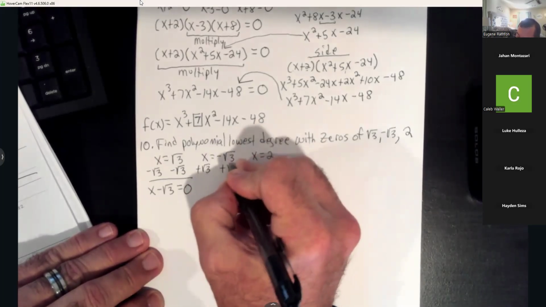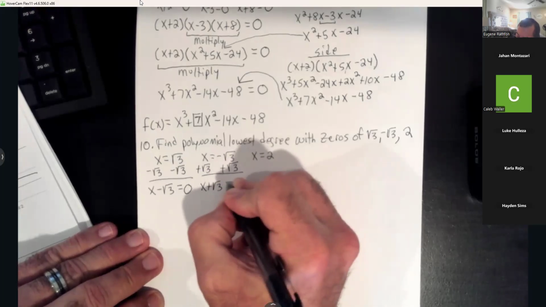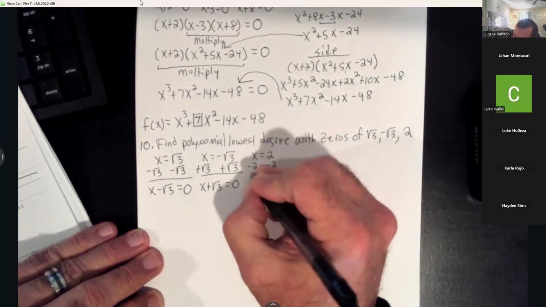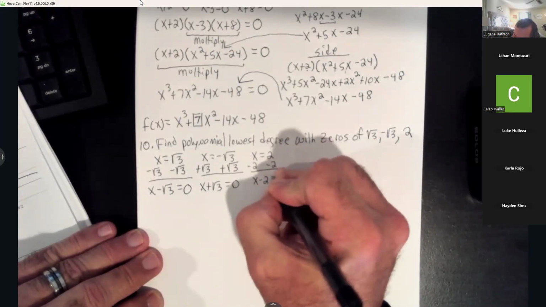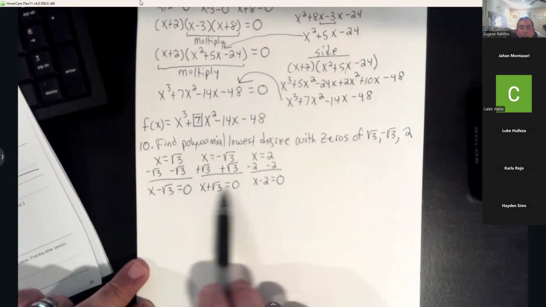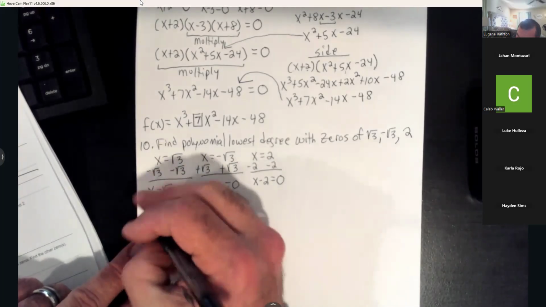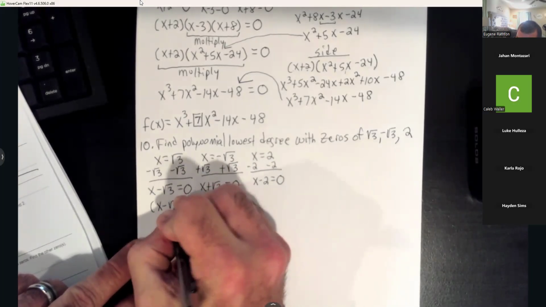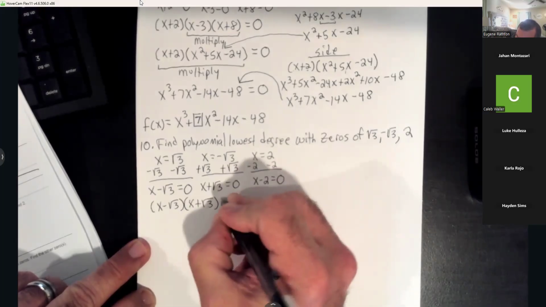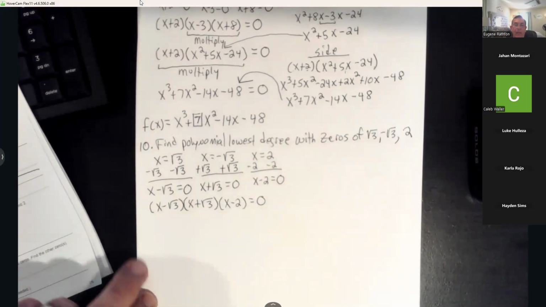Adding the square root of 3 to the second one, and I get x plus the square root of 3 equals 0. And y'all, the third one, I'm going to subtract 2 and get x minus 2 equals 0. So once we had our 3 equations set to 0, we're going to put each of these factors in parentheses. So x minus square root of 3, x plus square root of 3 times x minus 2, and set the whole thing equal to 0.